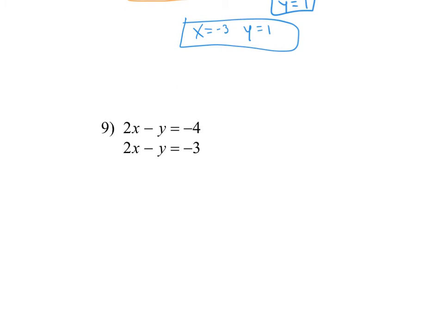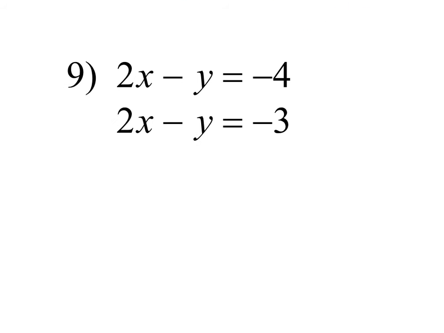All right, let's go to number 9. What do we need to do first here to solve by elimination? So remember, we need a positive and a negative to cancel each other out. So let's focus on our y's. How can we make this first y a positive y?